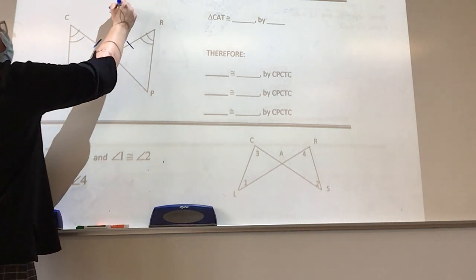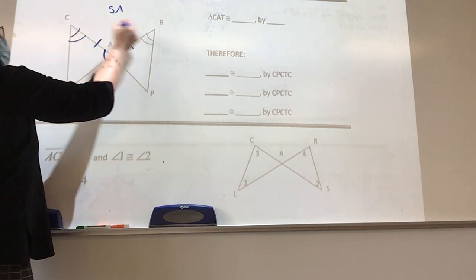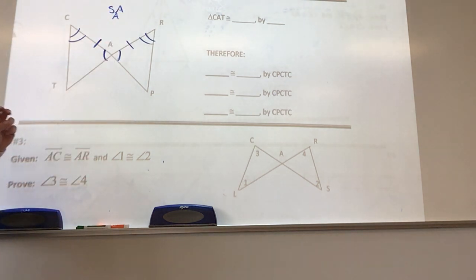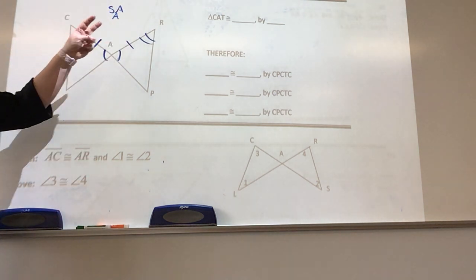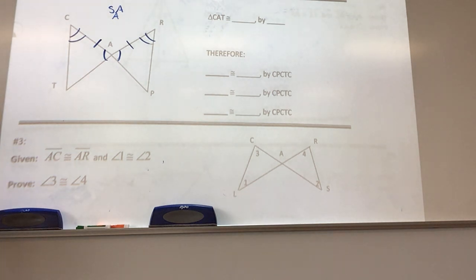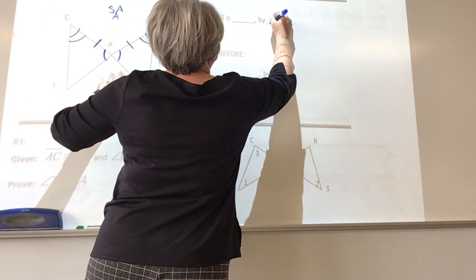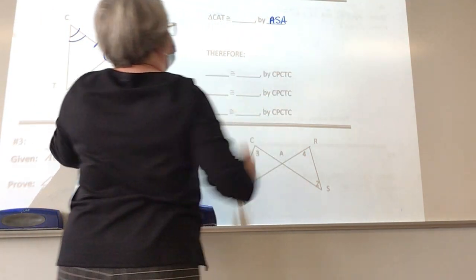An A. I've got another angle congruent to another angle, so I put an A down. Now I've got two A's and an S. Is it angle side angle or angle angle side? Is the side in between? It totally is. So the reason is angle side angle.